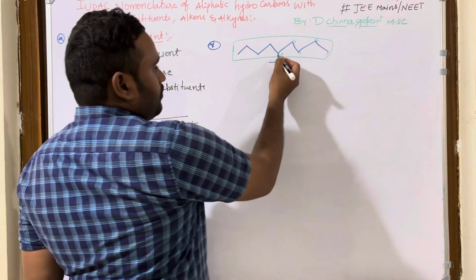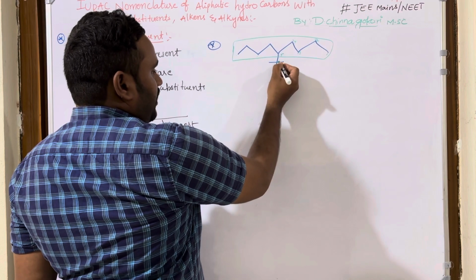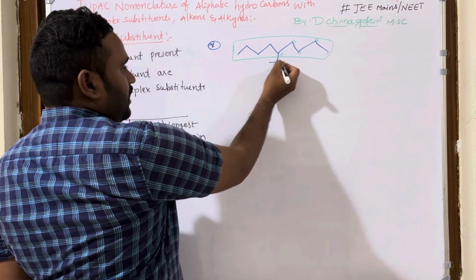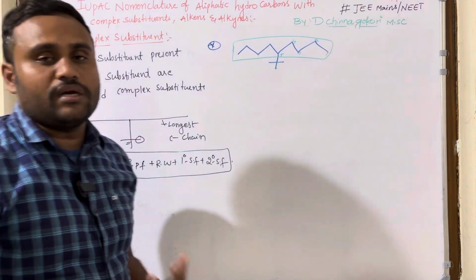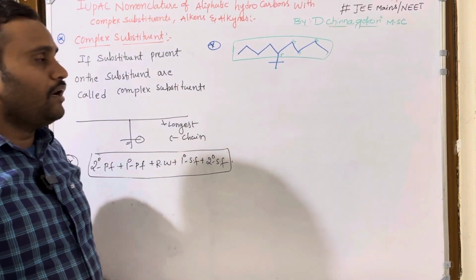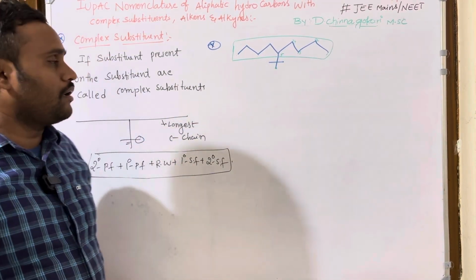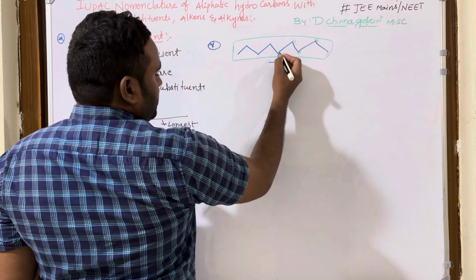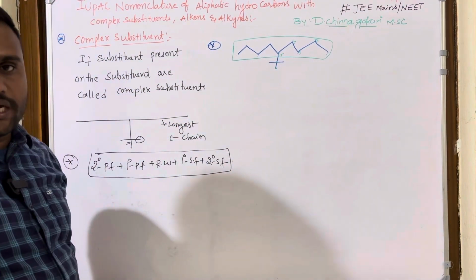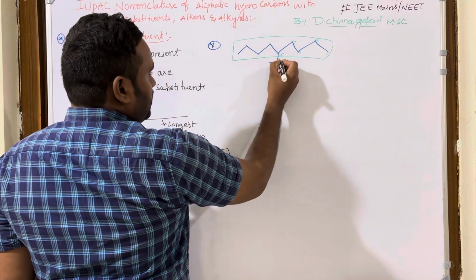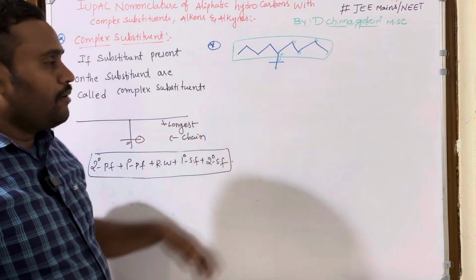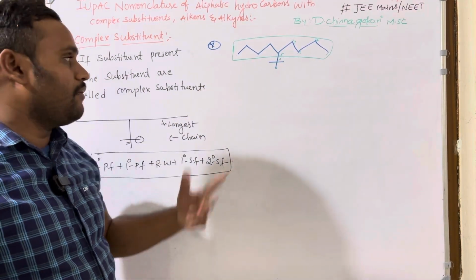Here in the substituent, we again have substituents present on this substituent. Now how are we going to deal with this and give the name of this organic compound? First of all, we should give numbering for the side chain. The first number we should give to the carbon which is connected directly to the main carbon chain, so 1 or 1 prime.